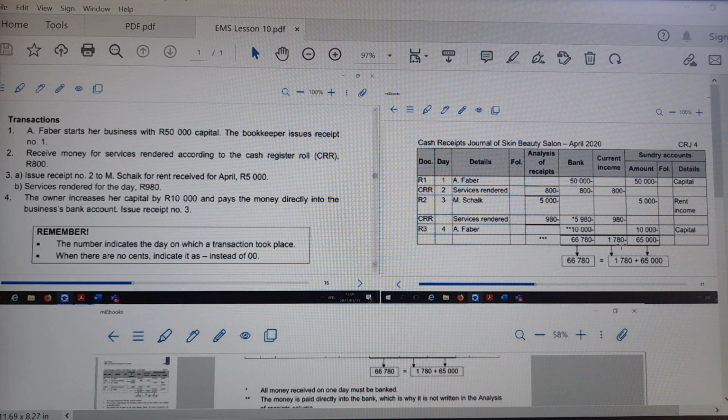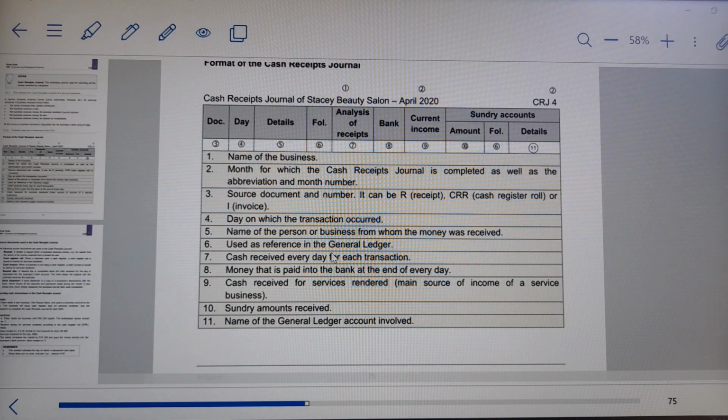And the sundry account is the amount that we have received in the bank. Let's just double check the sundry account. Under the amount there, it's number 10. They say sundry amounts received. That is the money that we received, right?